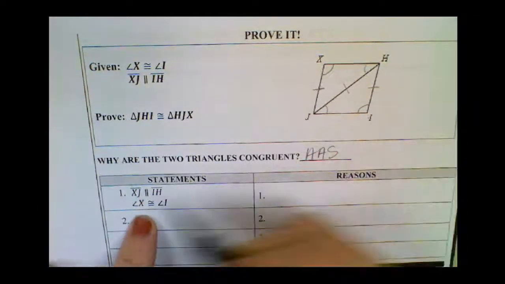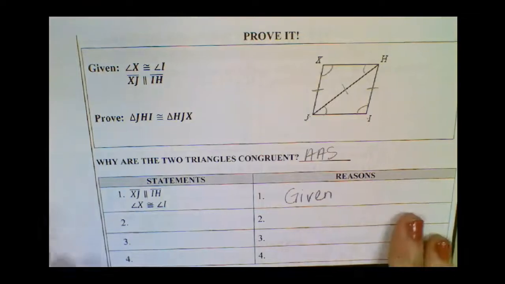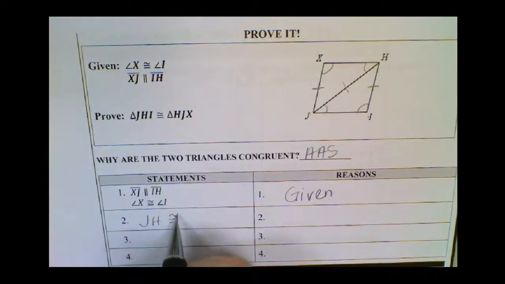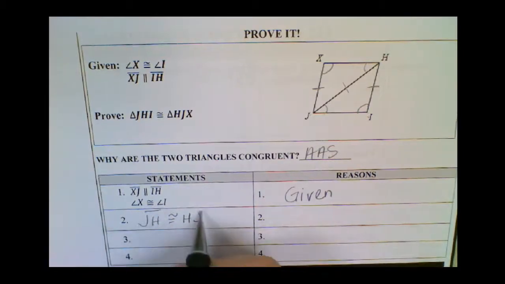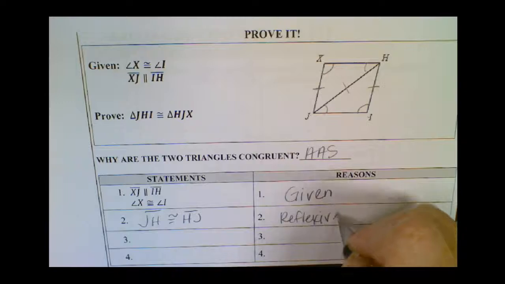So HJ, all the things that we marked in, those are our given reasons. Okay. Then I know that JH is congruent to HJ, and that's the reflexive property. It's looking at itself, right?